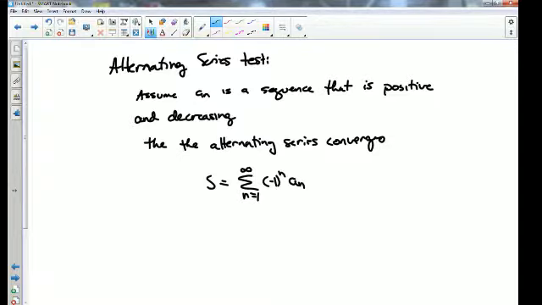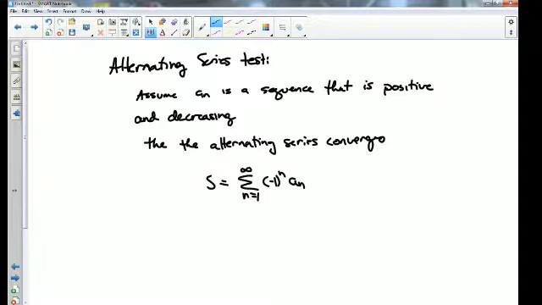Then we know that that is convergent. Okay. That's it. Like I said, it's a pretty handy test. If you see an alternating series, and you can show that sequence is positive and decreasing, good to go.